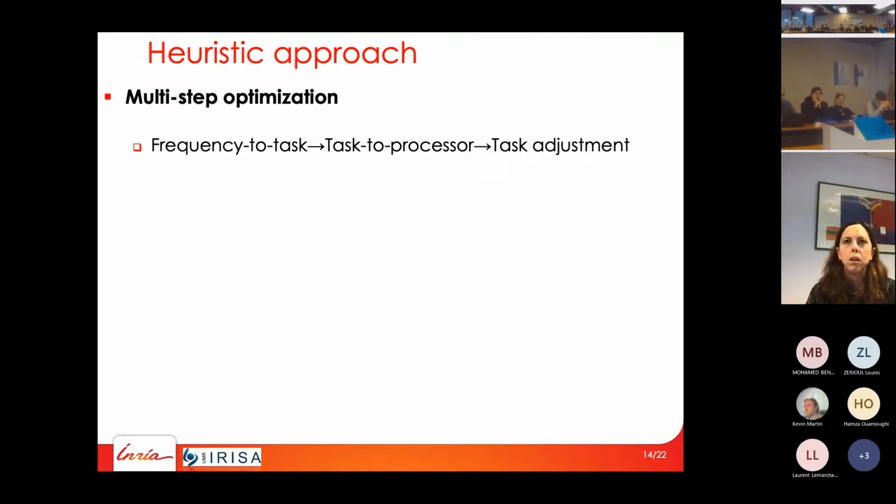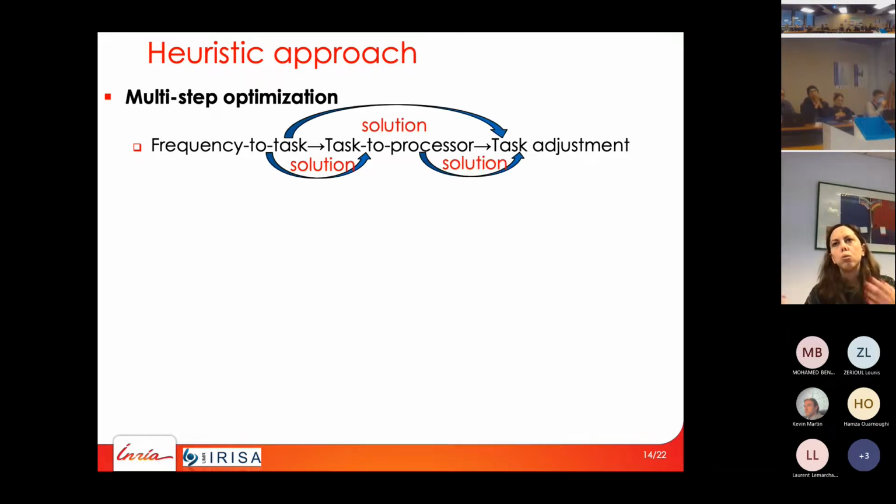And the idea in this sequence is to use the solutions of previous steps in the next steps. So semantically, the frequency to task assignment will be used for the task to processor allocation and also for the task adjustment, aligned with the task to processor allocation solution.